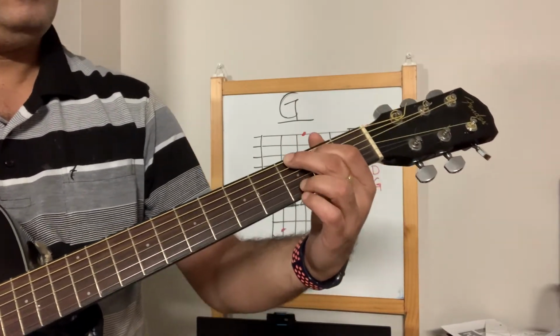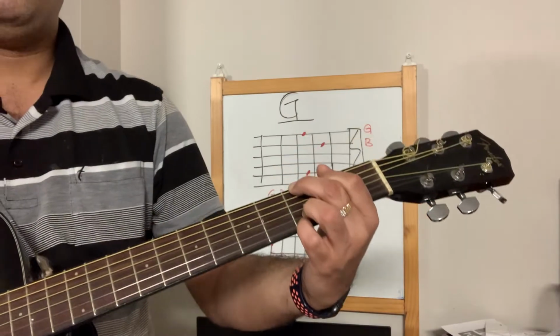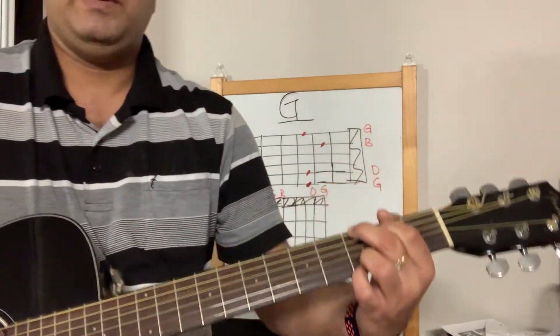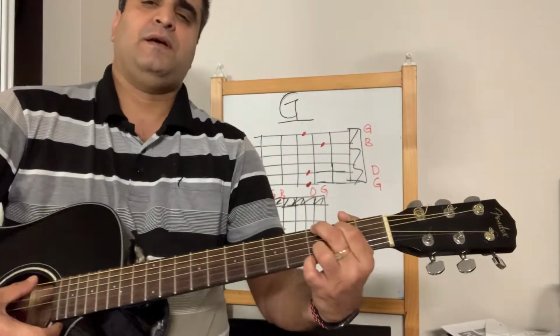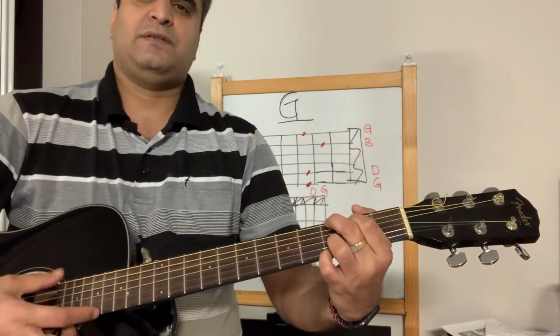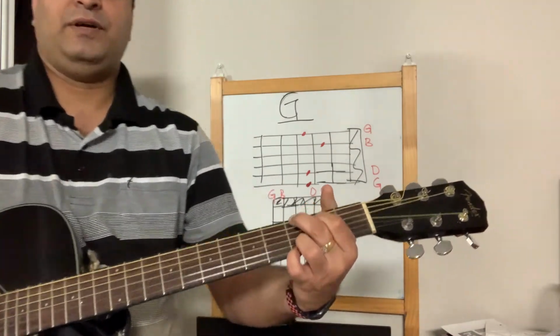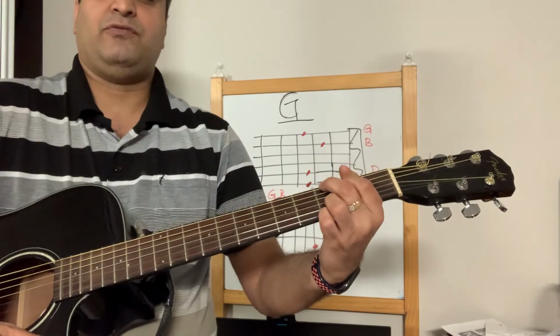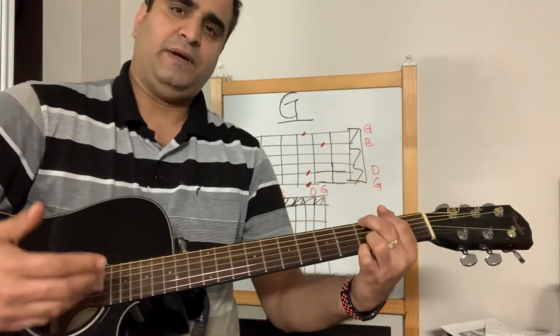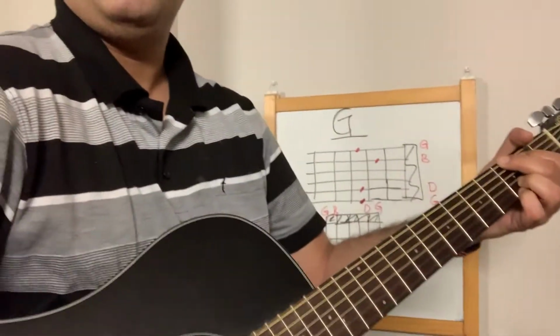Okay, so this is how you play G major chord. It's a little bit difficult if you are trying it for the first time, but as you practice it will become easier.